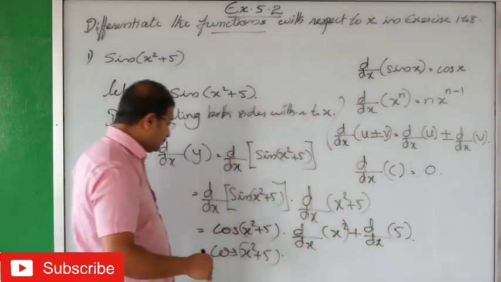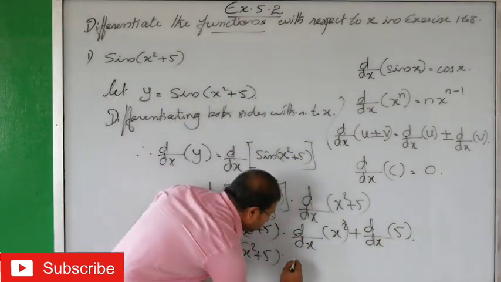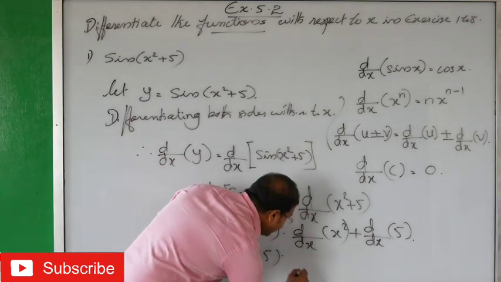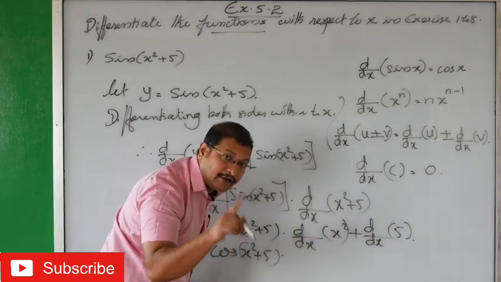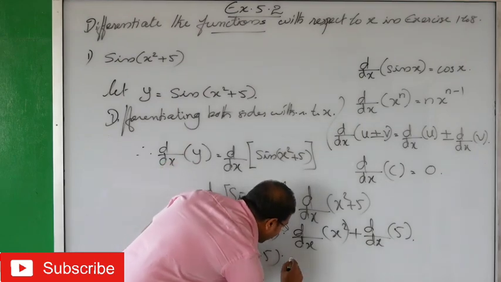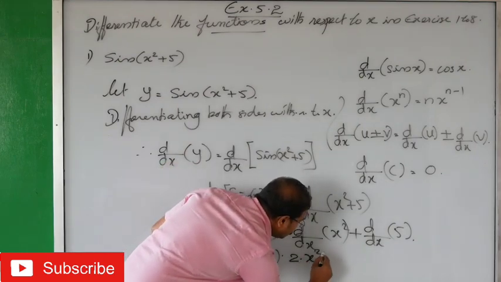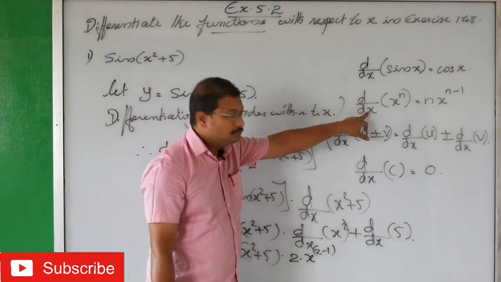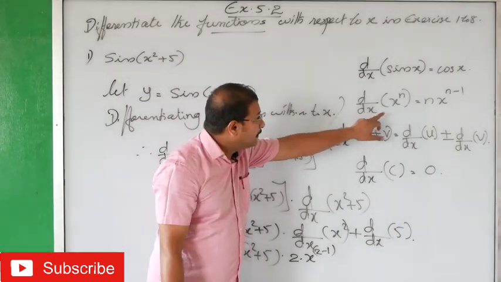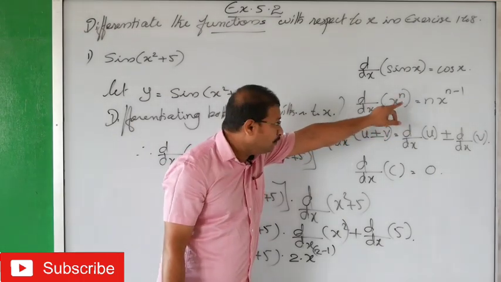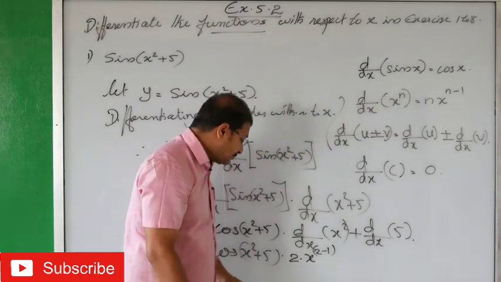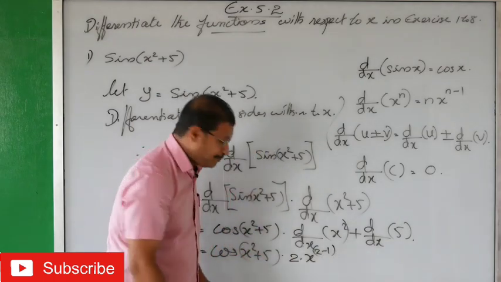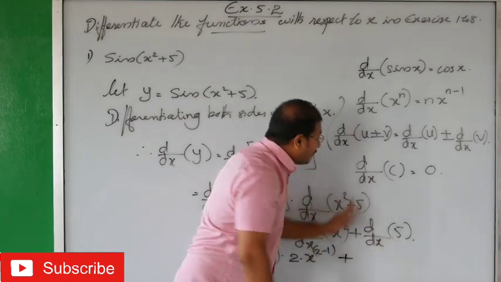So we will write derivative of x square, that means 2 into x raised to 2 minus 1. We are following this formula: derivative of x raised to n equals n into x raised to n minus 1. That means we will write 2 into x raised to 2 minus 1, plus derivative of a constant.